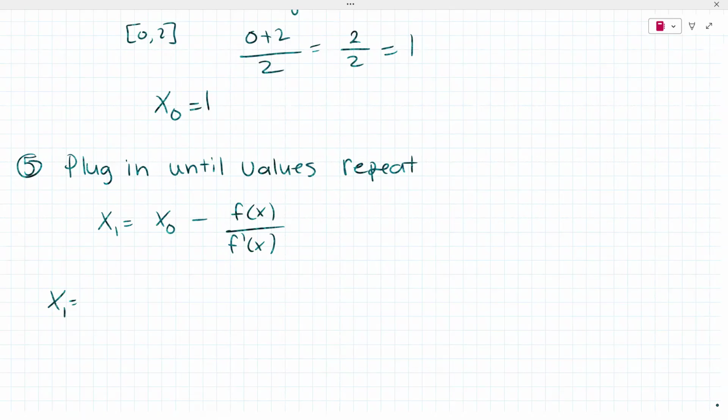Our x naught was 1 minus f of x, which is sine of x minus x squared, so you just replace x with 1.